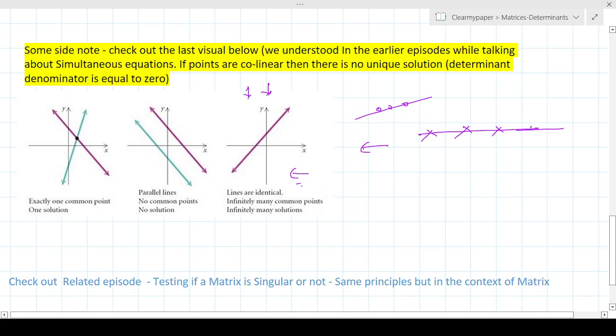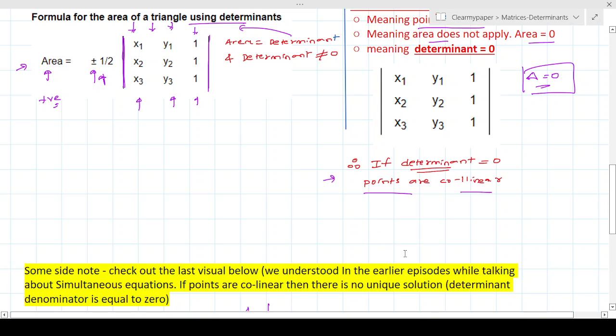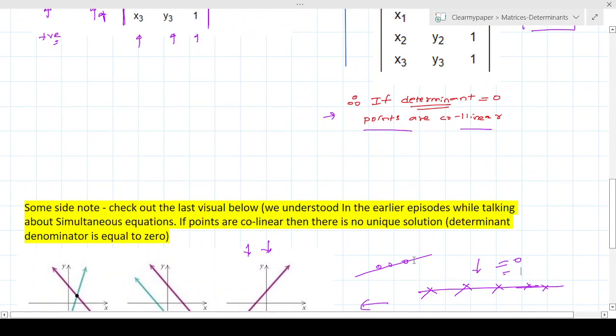So all the points on the line satisfy the equation, and hence the determinant is equal to 0. That's what we discussed in that video. So that ties back to what we're talking about here. Just a side distraction to think about how all the things that we discussed are interrelated.